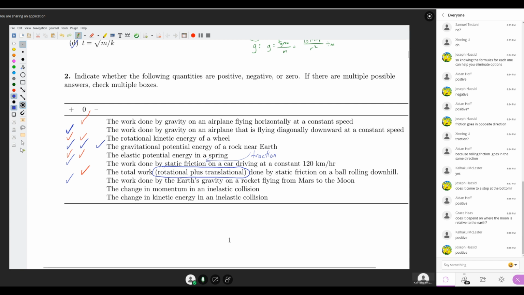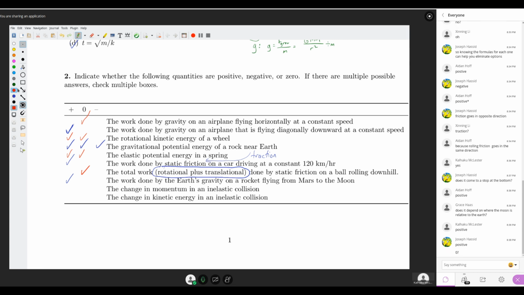What about the change in momentum in an inelastic collision? Yep, 0. Momentum is conserved in collisions. That's the whole point of using conservation of momentum here.